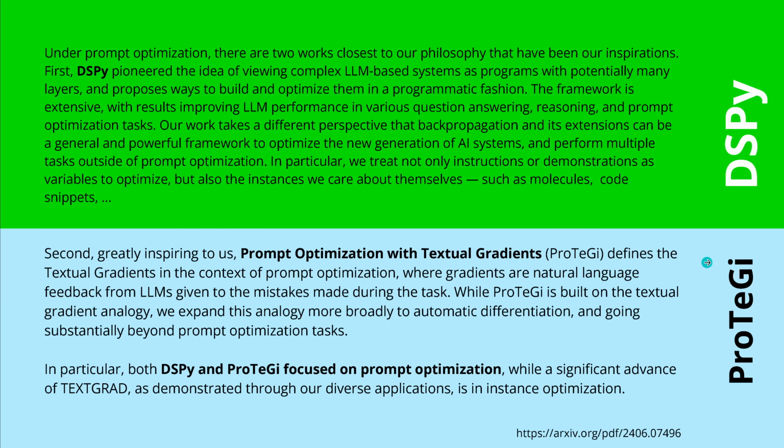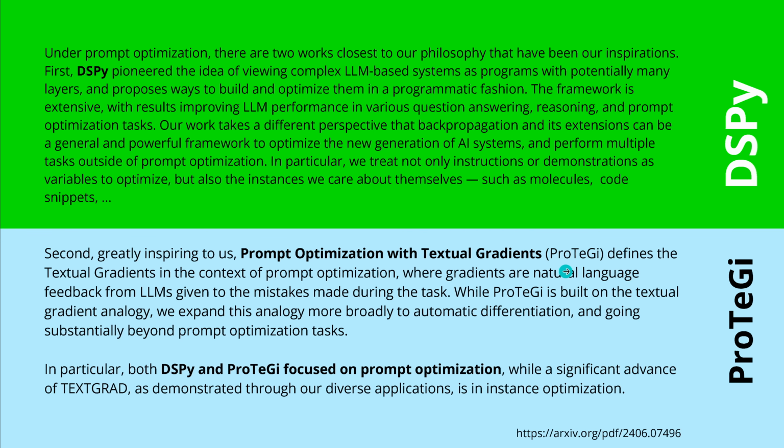But the second part is a part I have never shown you on this channel, and this is also new to me. And this is prompt optimization with textual gradients, ProTeGi. Now, with ProTeGi, you have to be careful, because this is the key to understanding this new methodology.